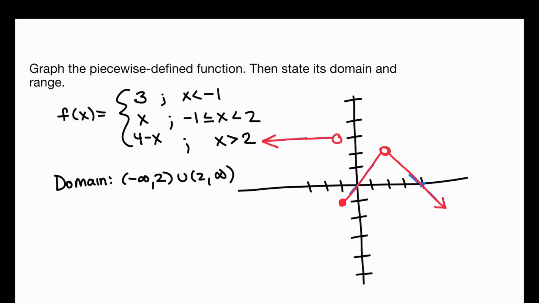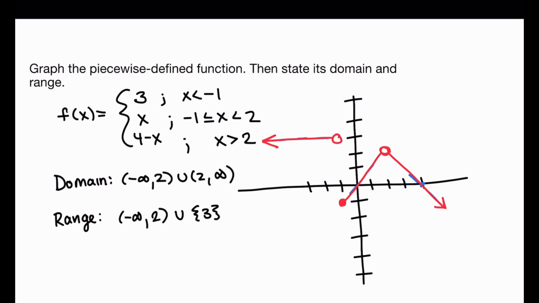Okay, range, bottom to top. The bottom of this graph, well, there's an arrow pointing down. So this graph starts at negative infinity. And then it stops at this open circle, which is at positive 2. So negative infinity to positive 2. And then the graph just jumps up to 3.